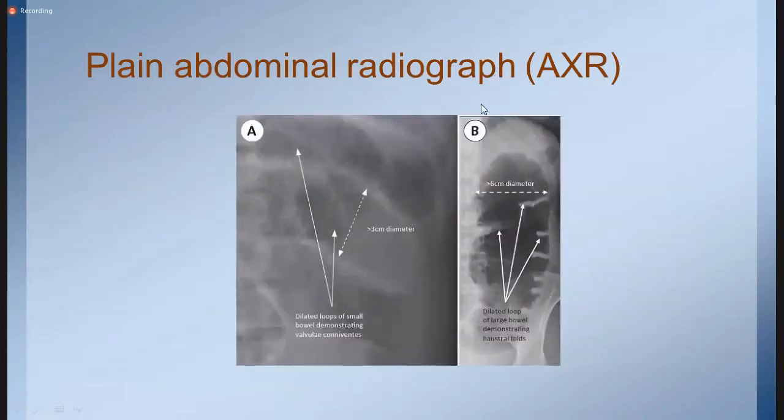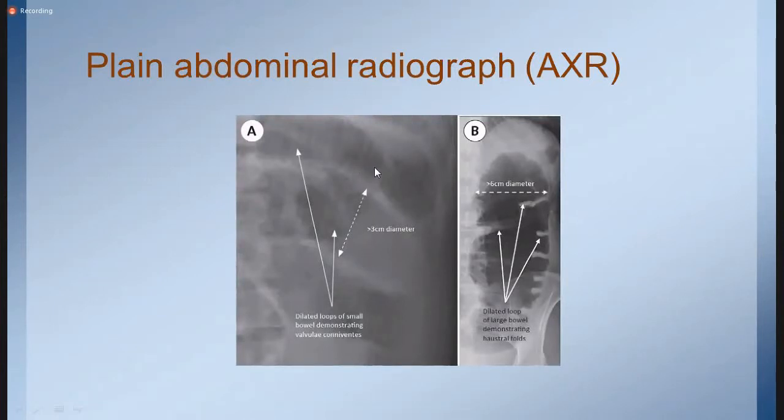Now, how to differentiate between the small and large bowel loops: small bowel loops are usually less than 3 cm in diameter. If more than 3 cm in diameter, they are abnormal. And second thing is the small bowel loops are centrally placed.